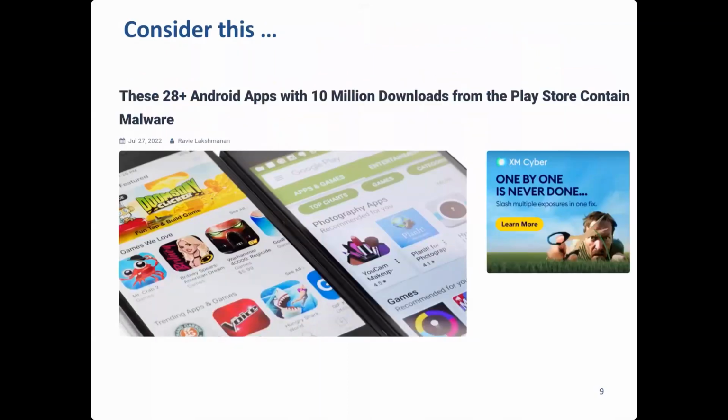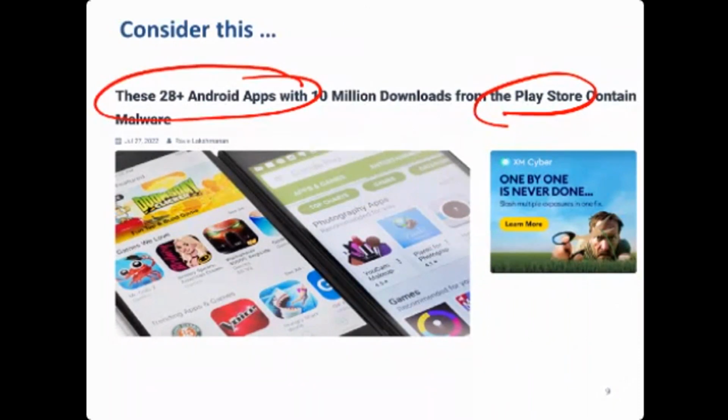As you mentioned with libraries, even when you download apps from the Play Store, 28 plus Android apps with more than 10 million downloads have been found to contain these viruses. So that's point number one. Point number two is that even if you have written the app, you do not know that it does not contain malware because you have not written the compiler.